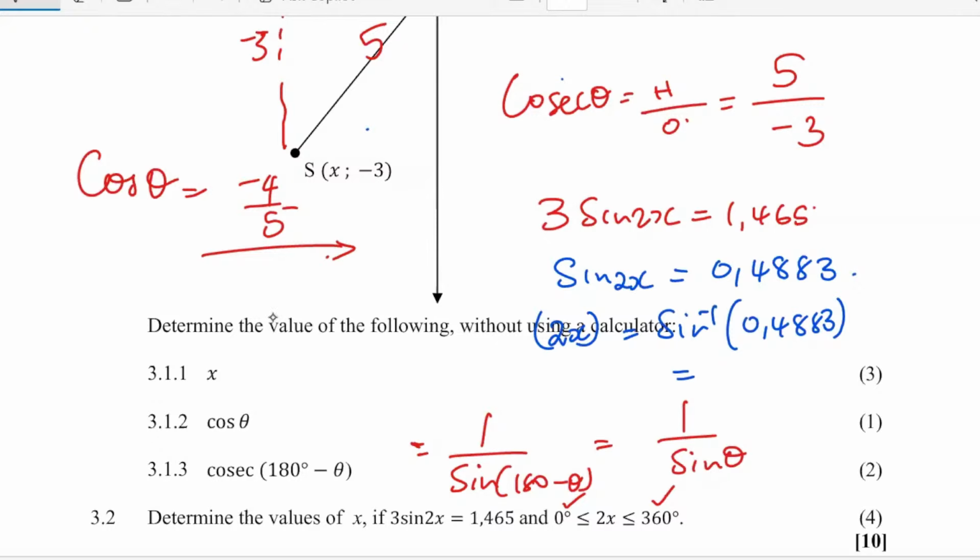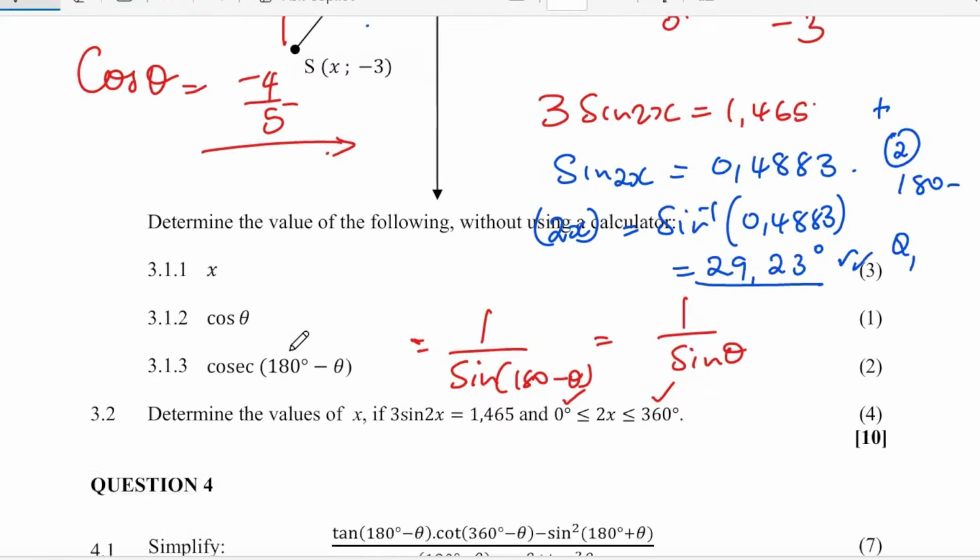It's giving us a reference angle of 29,23 degrees. Now this is in quadrant number 1, where sine is positive. The other quadrant where sine is positive is quadrant number 2, where it's going to be 180 minus the 29, something. They said solve for x. Okay?